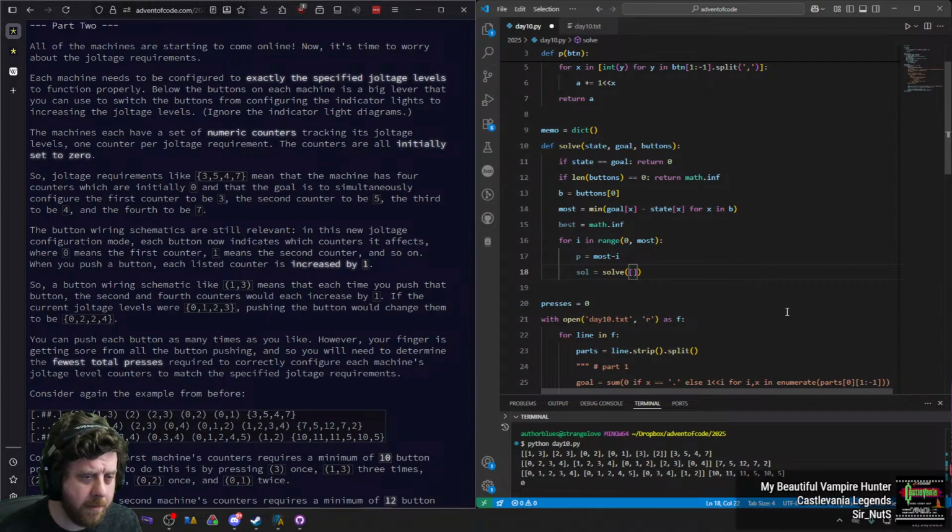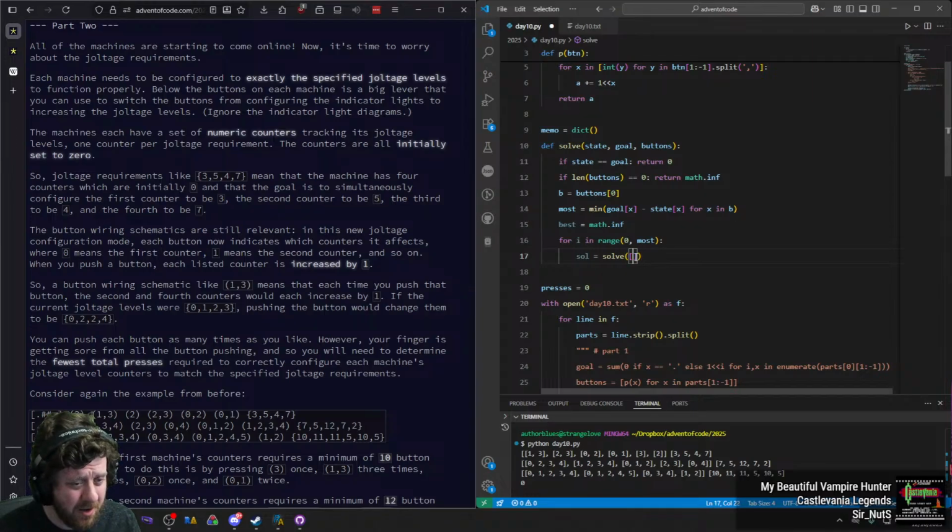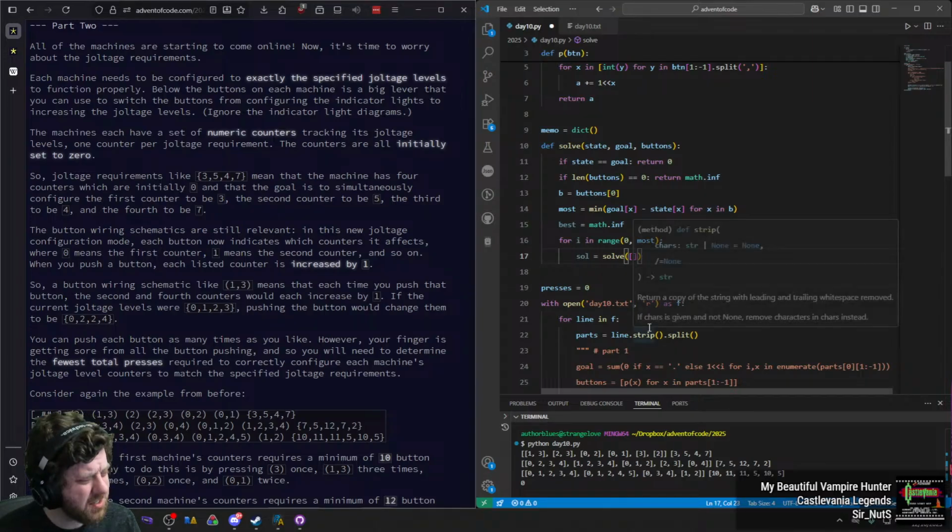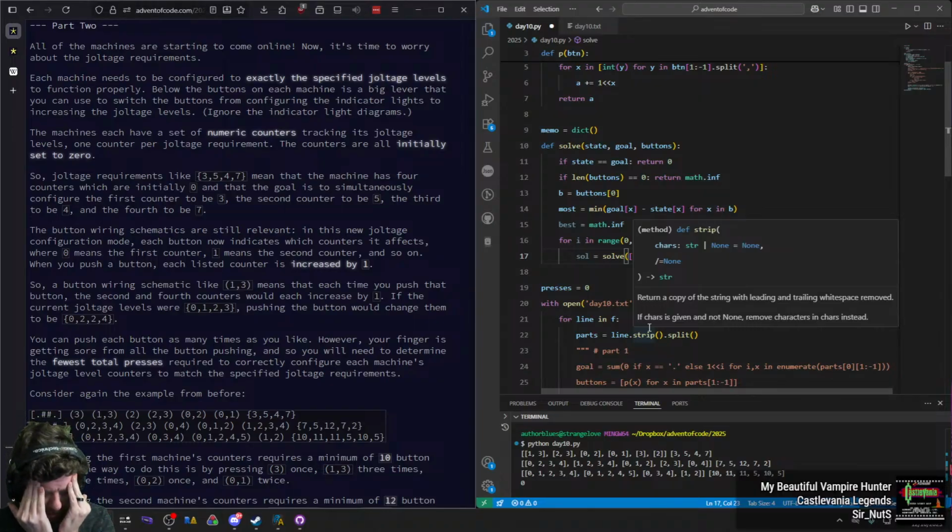Oh, if I solve it from the bottom up, this actually makes my life a little easier. I might do that just because it's going to make my life a little easier. Basically, I can say... Does Python do pass by reference or pass by value? I think it's pass by reference, right? I don't want to clobber this array.